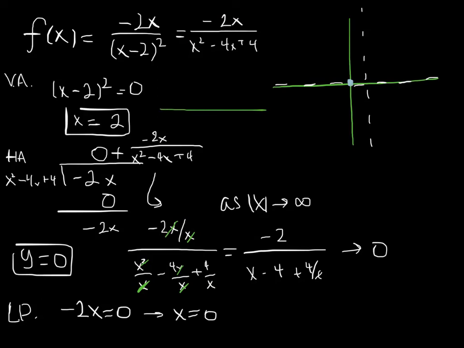All right, so my first critical point is at 0. It's my root. And my second critical point is at 2. And I want to know what's going on after that. So think first about what happens to the left of 0. Let's just plug in negative 1. If you were to plug in negative 1, you would get negative 2 times negative 1, which is a positive value. And on the bottom, you're squaring. So the denominator is always going to be positive.